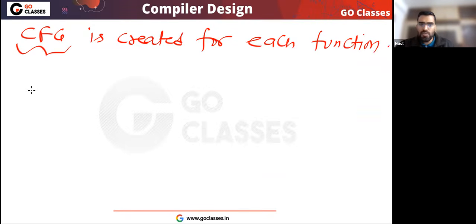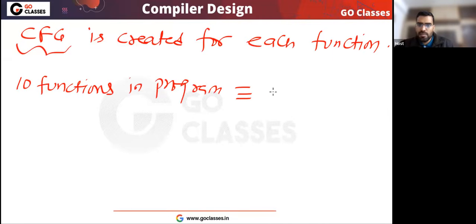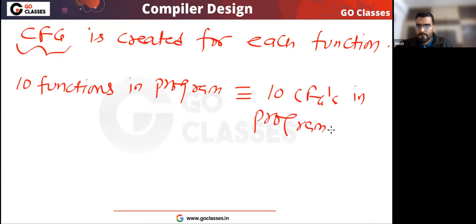So if you have 10 functions in a program, then it means 10 CFGs in the program. Is this clear? The control flow graph is created for each function.